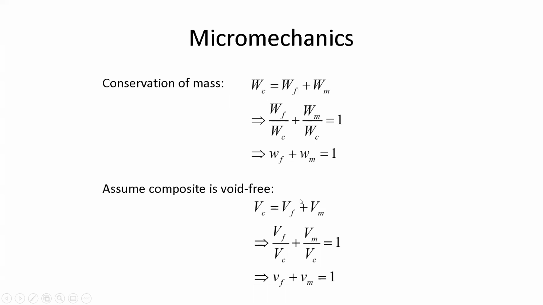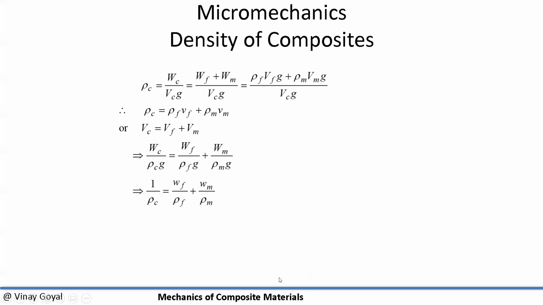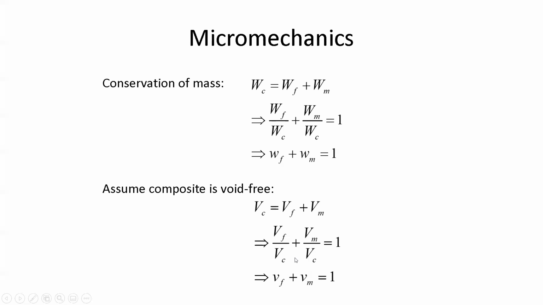I have the volume of the fiber plus the volume of the matrix equals the volume of the composite. Divided by the volume of the composite gives me these ratios. And notice how these ratios are the volume fractions that we talked about. So the fiber volume fraction plus the matrix volume fraction is going to give me 1 in this case. It has to give me 1.